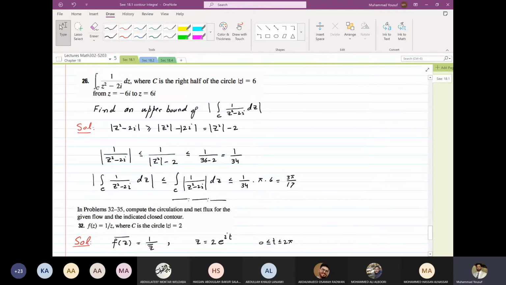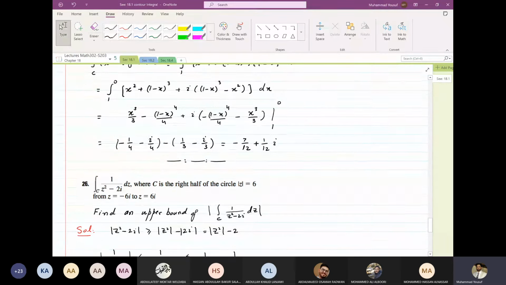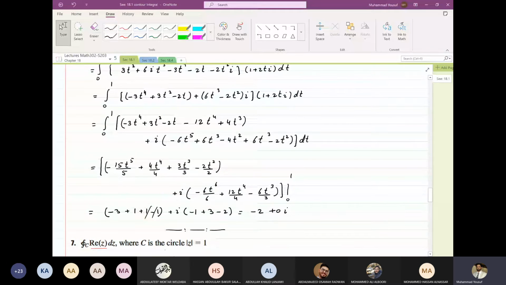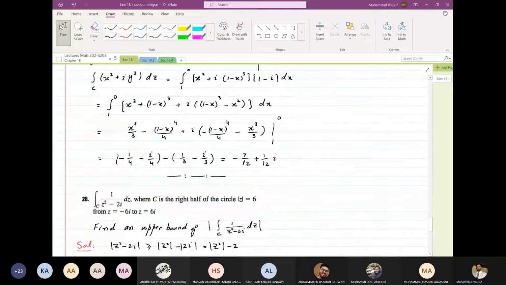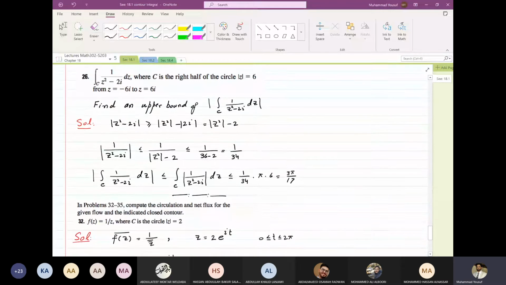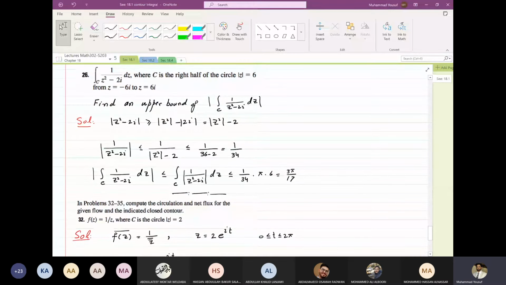Now here, question number 26. So these are some questions and also some examples which show us how to solve these integrals. Question number 26 is finding the upper bound of the absolute value of this integral on C, where C is the right half of the circle absolute z equal to 6, that is, a circle of radius 6, from negative 6i to positive 6i.